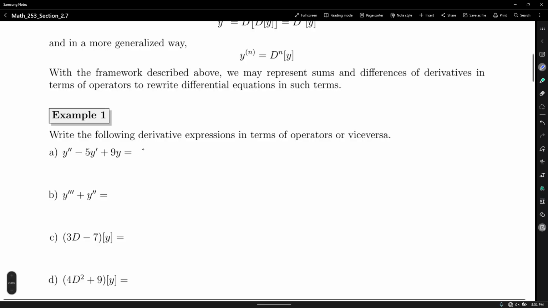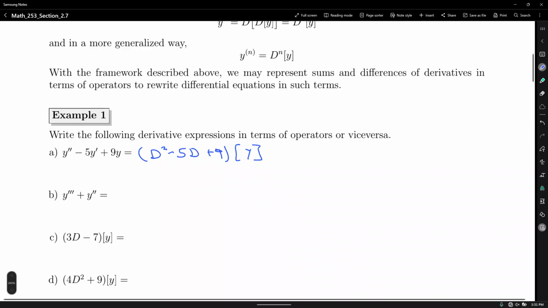y double prime, which is D squared, all right, minus 5 times D, okay, plus 9 times y, all right? And well, actually, let me put the y in brackets just to follow the notation. And guys, that actually looks very similar to something we did before. Remember the characteristic polynomial?